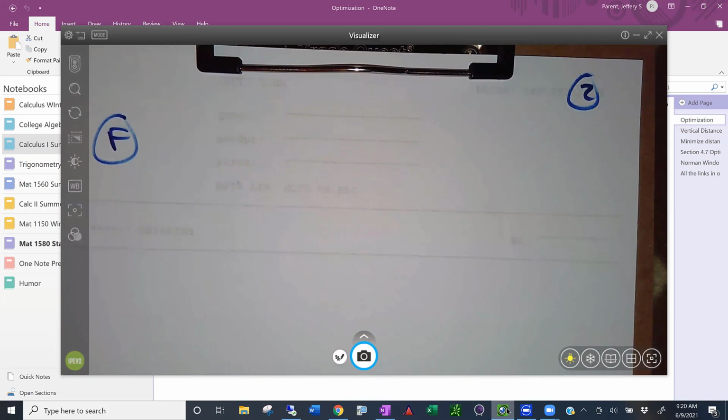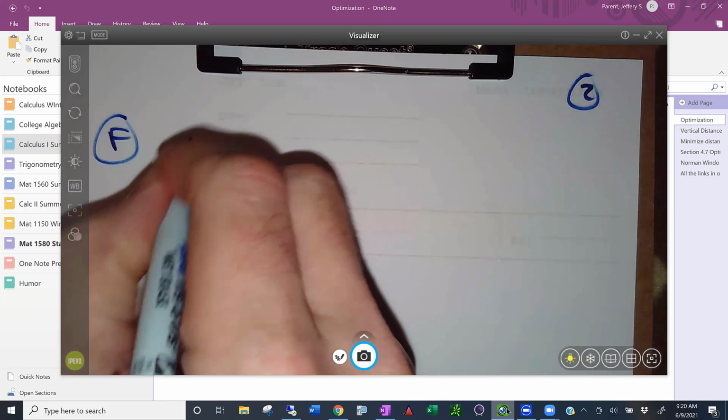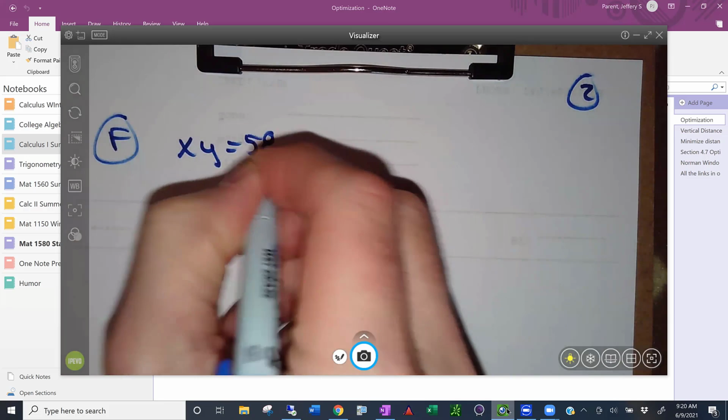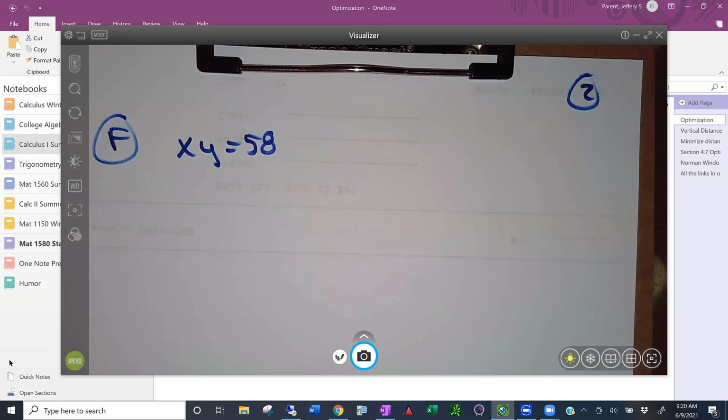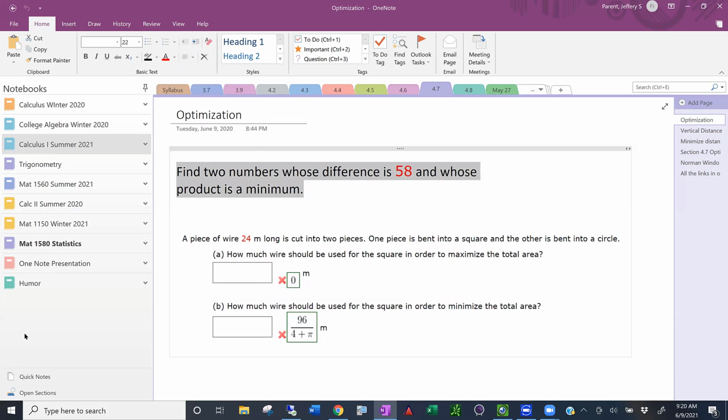So we want the product of two numbers to be 58. I don't know, let's choose X and Y. Right? And we want the sum to be a minimum. So find two numbers, excuse me. Oh, I got this wrong. I'm sorry, I was thinking of a different problem. Find two numbers whose difference is 58 and whose product is a minimum.